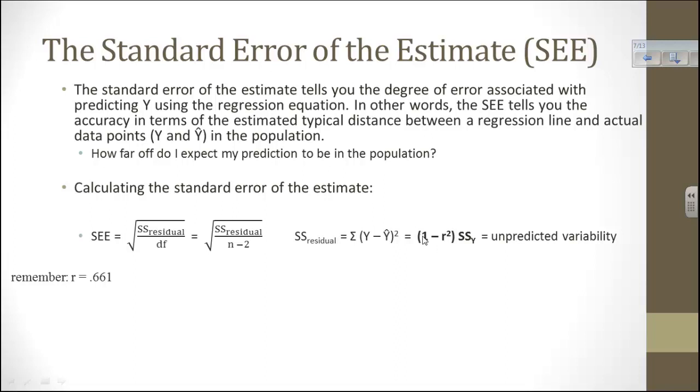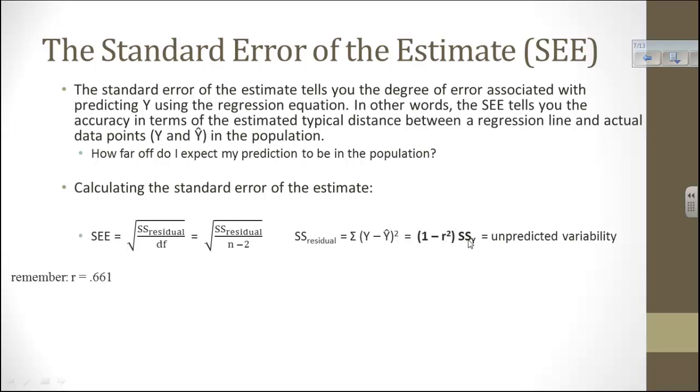Well, if you take 1 and subtract the proportion of variability or differences in y that is explained by the relationship between x and y, you're left with the proportion of variability or differences in y that's not explained by the relationship between x and y. So that is what this 1 minus r squared equals. Again, it equals the proportion of variability or differences in y that's not predicted by the relationship between x and y.